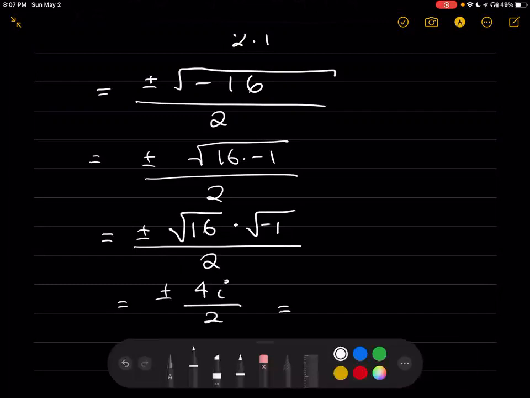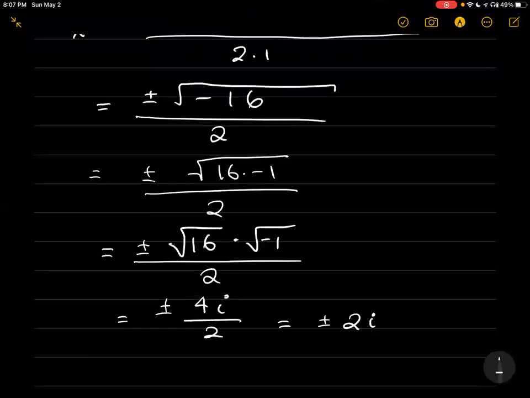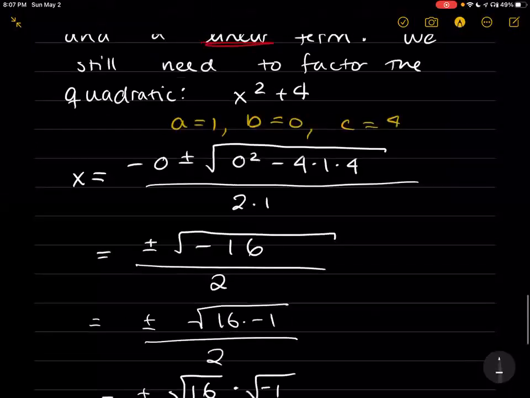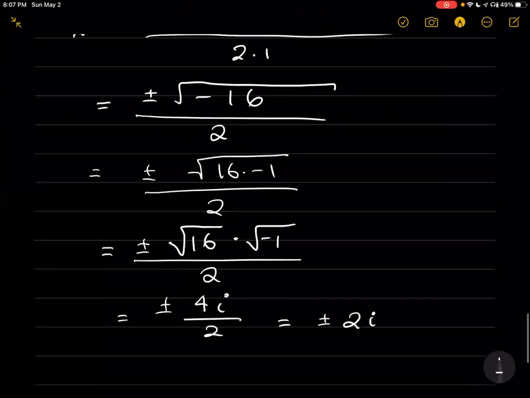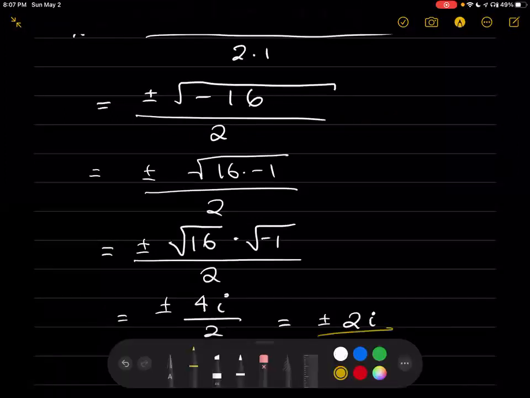Then canceling the common factors of the 4 and the 2, we get plus or minus 2 times i. So what we just did is we found that the roots of that quadratic, x squared plus 4, are exactly 2i and minus 2i.